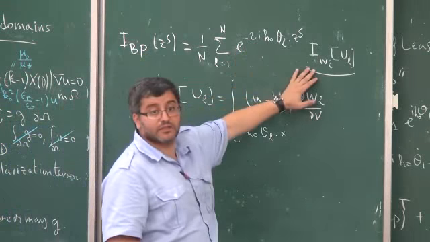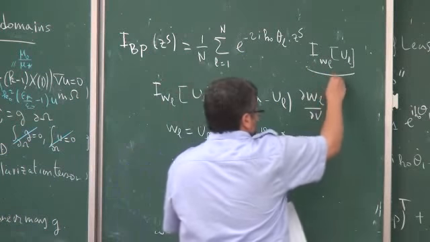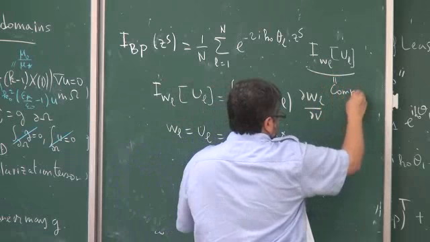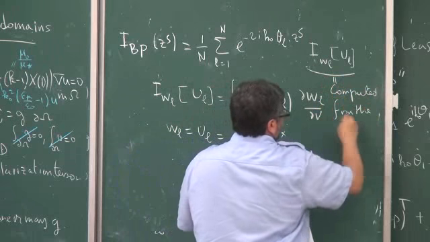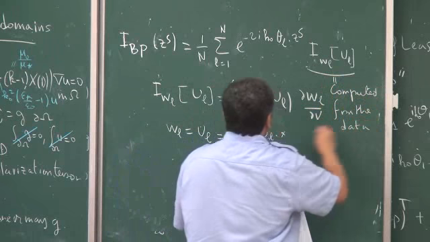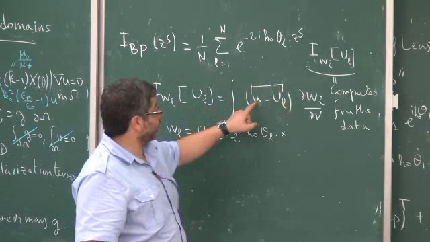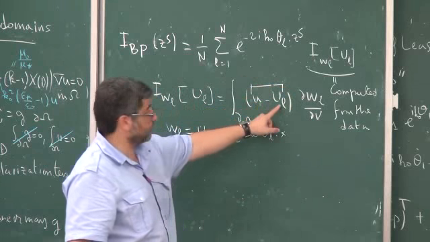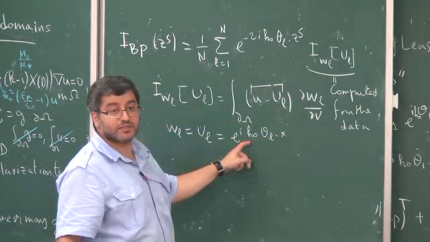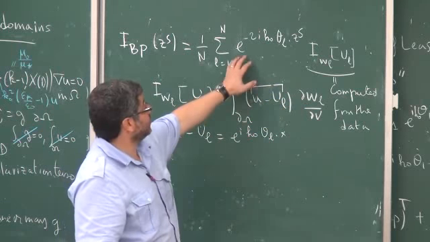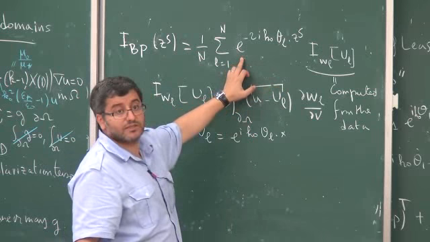This quantity is computed from the data. This one computed from the data. The boundary data. These are the data. U is computed with the G equal normal derivative of this guy. You multiply by WL and you choose WL is this one, and then you multiply by exponential minus 2ik0 theta L ds.